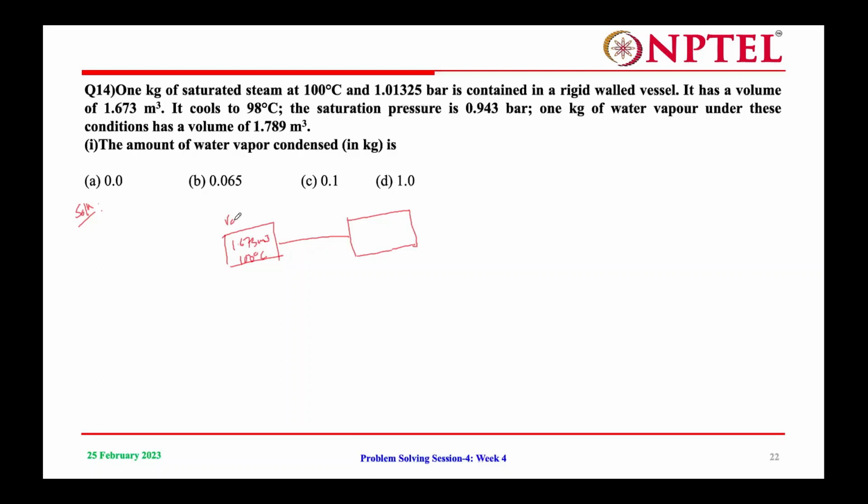Initially vapor and finally vapor plus condensate, with volume 1.673 meter cube at 98 degrees Celsius.